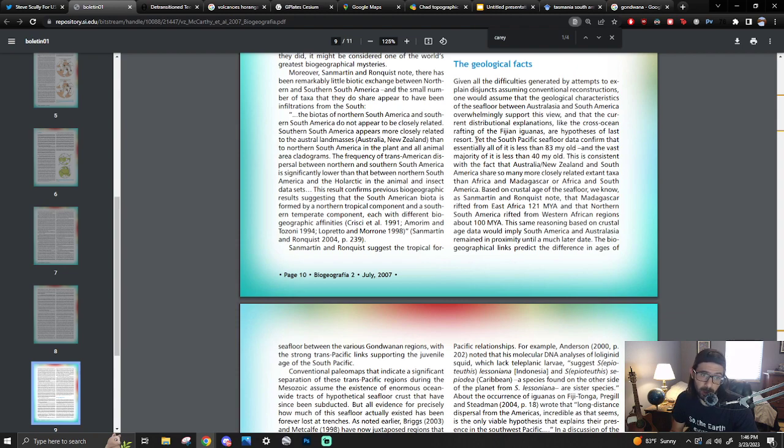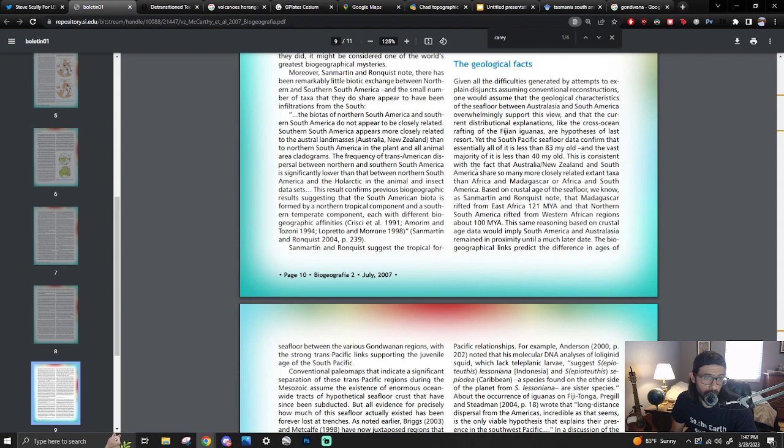Yet the South Pacific seafloor data confirm that essentially all of it is less than 83 million years old, and the vast majority of it is less than 40 million years old, mind you, according to radiometric dating, which is not actually valid, except for relative aging, not for absolute aging, until we correct for the assumptions and things that we've just not realized to be doing.